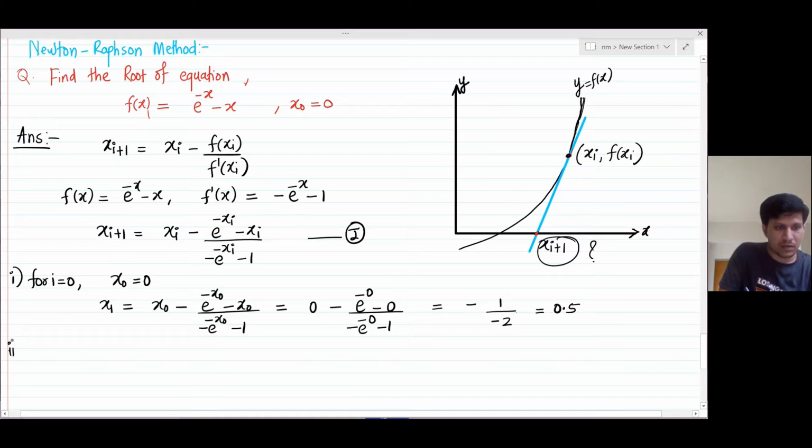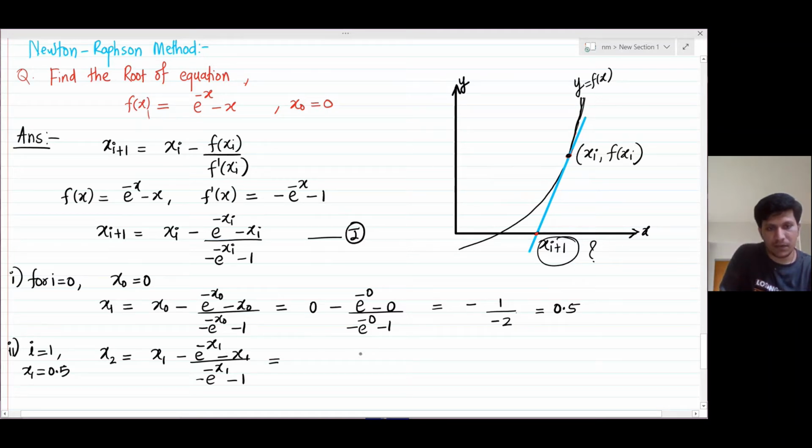For the second step, that is for i is equal to 1, the formula becomes x2 is equal to x1 minus (e raised to minus x1 minus x1) upon (minus e raised to minus x1 minus 1). We have calculated x1 is equal to 0.5.